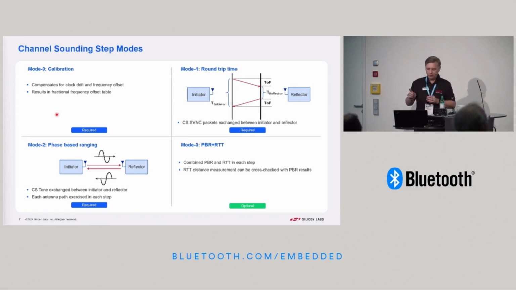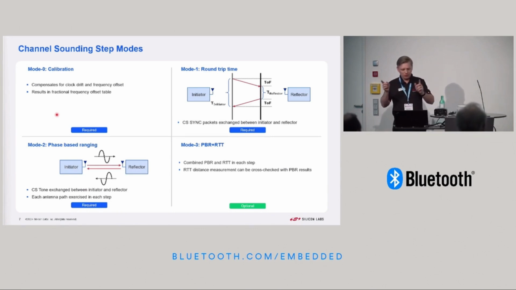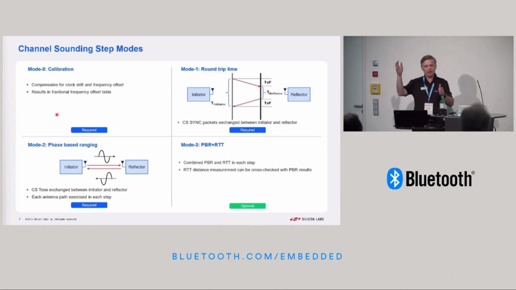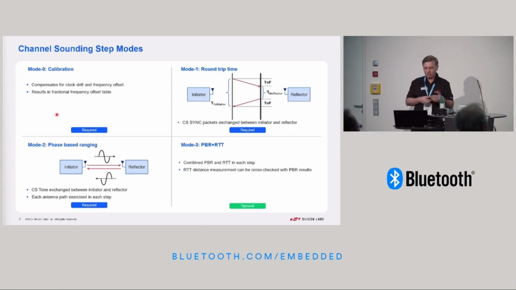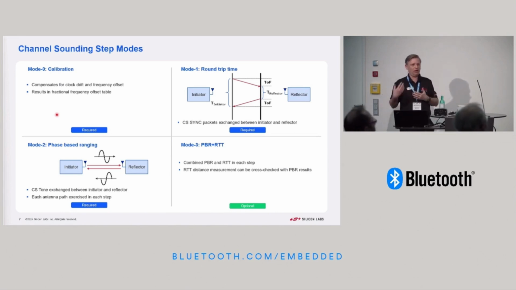We're going to go through both round trip time and phase-based ranging in the next couple of slides, but round trip time essentially is taking time of flight, time of arrival, and time of departure between the two endpoints, between what's known as a reflector and initiator. The initiator is what starts a given step, and the reflector is sending either tones or sync packets back to the initiator. Mode 2 is phase-based ranging, and mode 3 is a combination of both PBR and RTT.